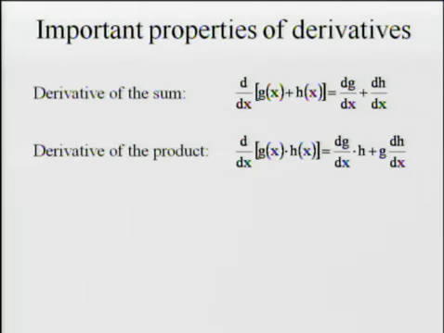If we have a product of two functions, we use a formula which is referred to as the product rule. So we take the derivative of the first function and multiply by the second function, and add the first function multiplied by the derivative of the second function. Here I'm not consistent with the book actually.